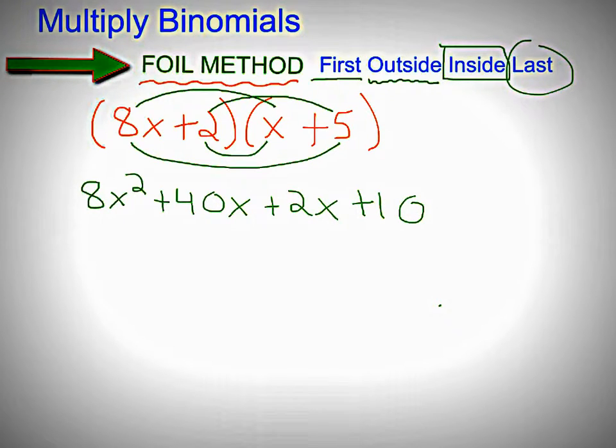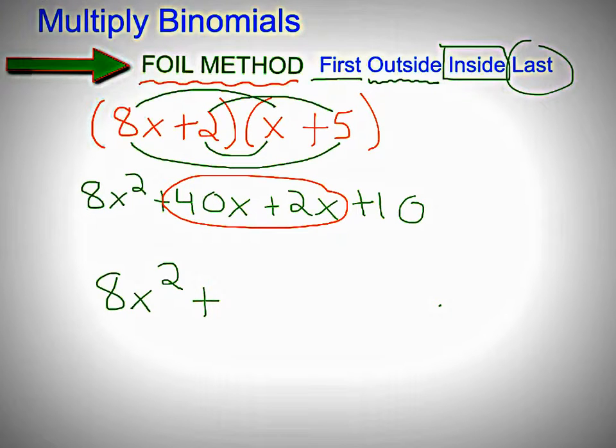So if you multiply in this order, combine your like terms, which in most cases will be in the center. So I'm left with 8x squared plus 40x plus 2x is 42x, and then plus 10 is my constant.